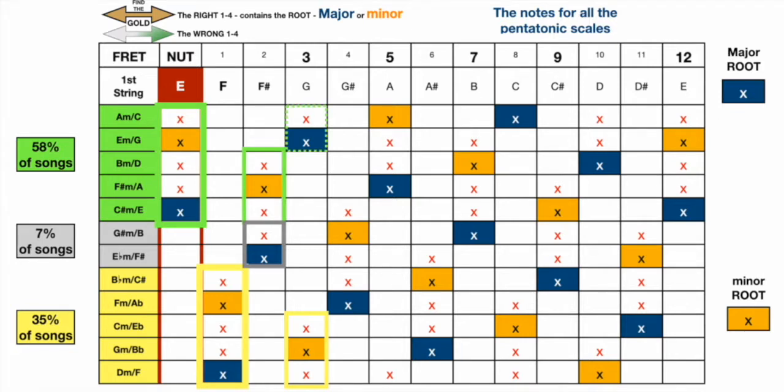For the other 2, for instance in the green zone, the A minor and the C, and the E minor and the G, the note is not 2 up, it's now 3 up, or a 1/4 stretch. As always, the same thing applies to these 2 pentatonic scales out of the yellow zone. It's a 1/4 stretch instead of a 1/3, if you will.